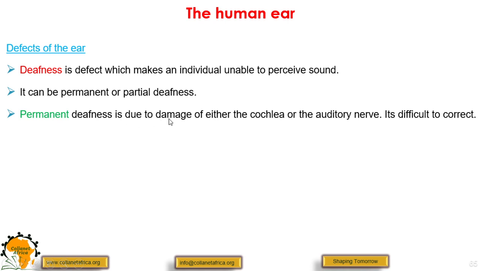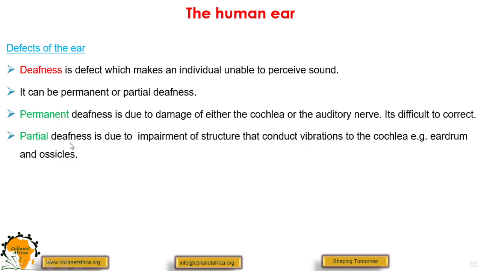Permanent deafness is due to damage of either the cochlea or the auditory nerve, and this one is difficult to correct. Partial deafness is because of the destruction of the structures that conduct vibrations to the cochlea, for instance the eardrum and the ossicles, and this one can be corrected by performing surgery or using a hearing aid.